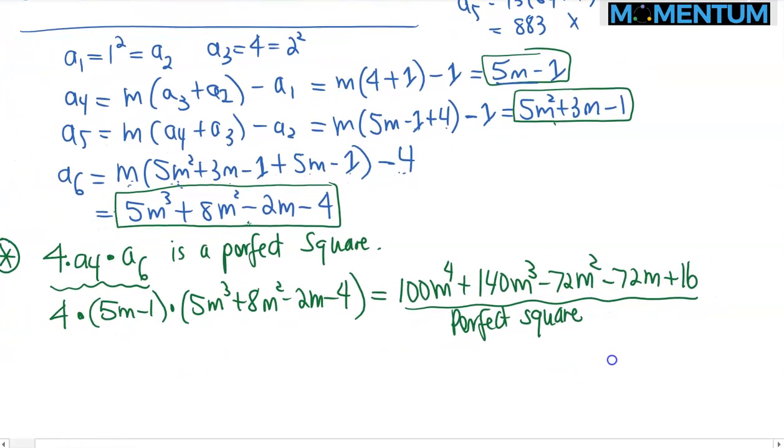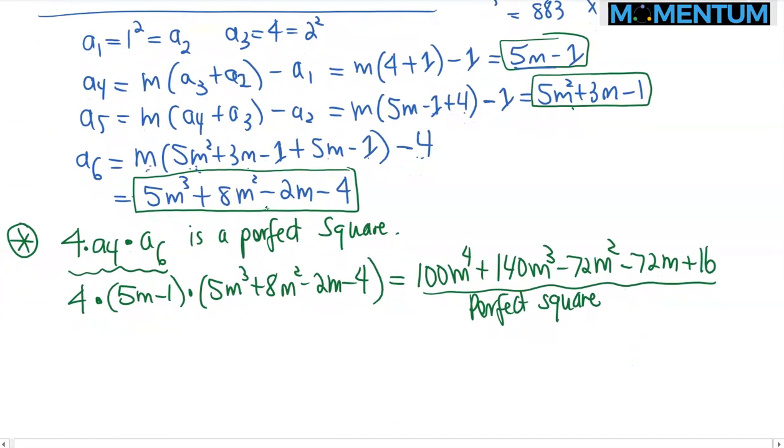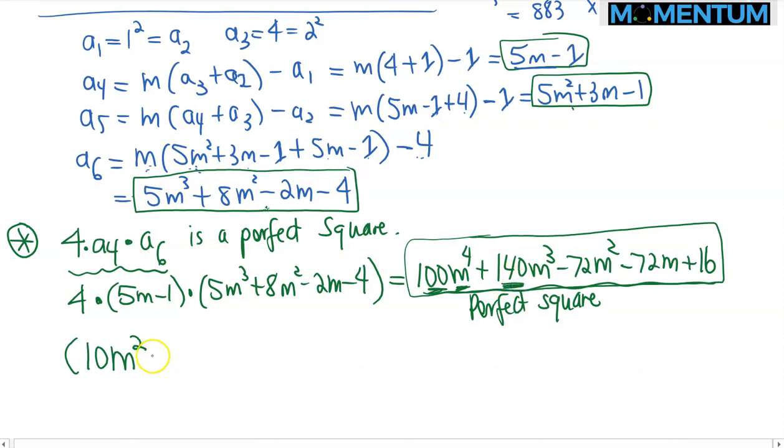Now, check this out. Let me just make it slightly smaller. Okay, good. What I will do is try to look at the closest square to this thing. Obviously, this is a 4th degree polynomial and the leading coefficient is 100, so the square that I'm considering is 10m squared. And then because there's a 140 here, by trial and error, you would see that this would be a 7m.